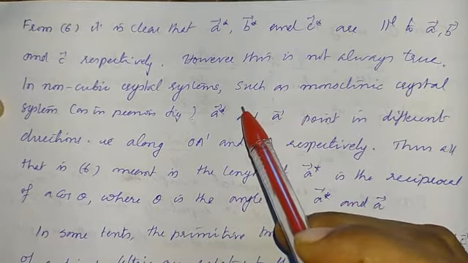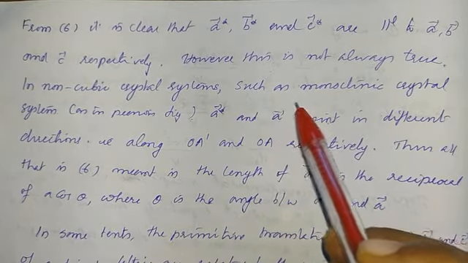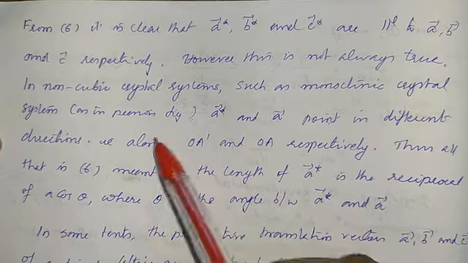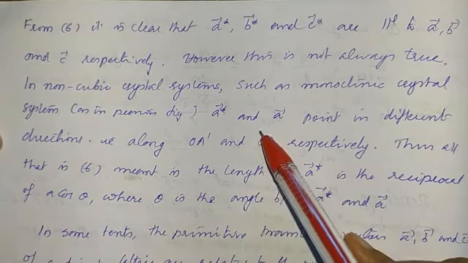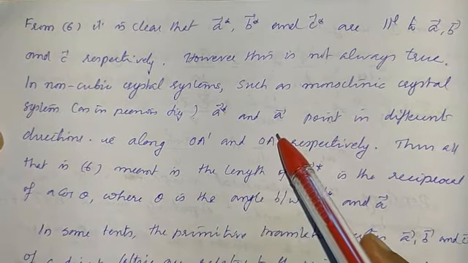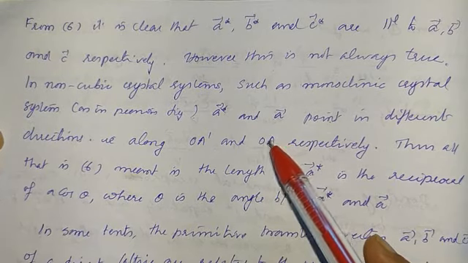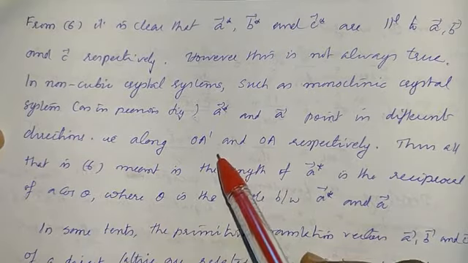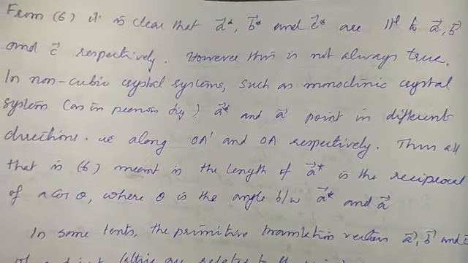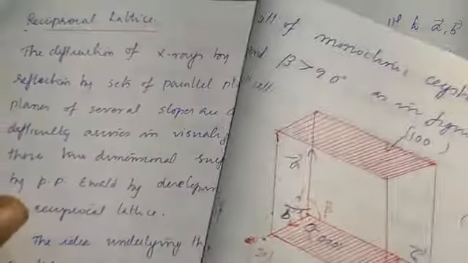In non-cubic crystal systems such as the monoclinic crystal system, as in the previous figure, a star and a point in different directions, that is along OA prime and OA respectively.